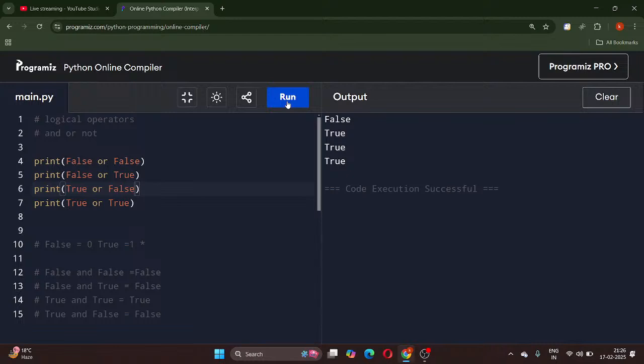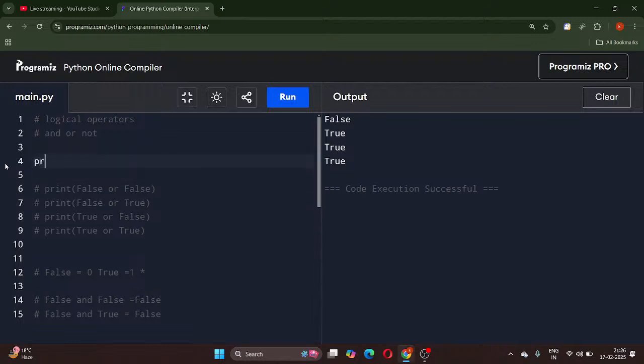This is your logical OR operator, right? Afterwards comes your next operator, which is the NOT operator. NOT simply converts false into true and true into false. So this is how the NOT operator works. Let us see. If you print the value of not true, then obviously you are going to get the answer, as it basically reciprocates the result.